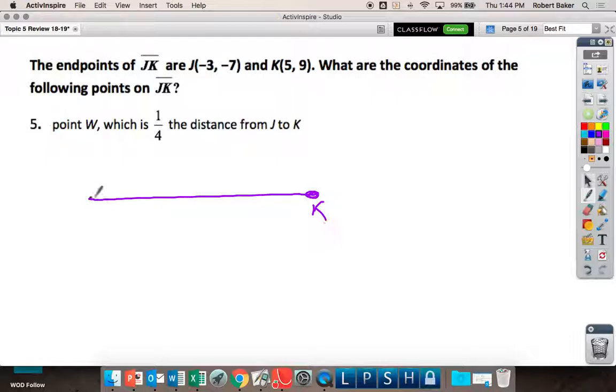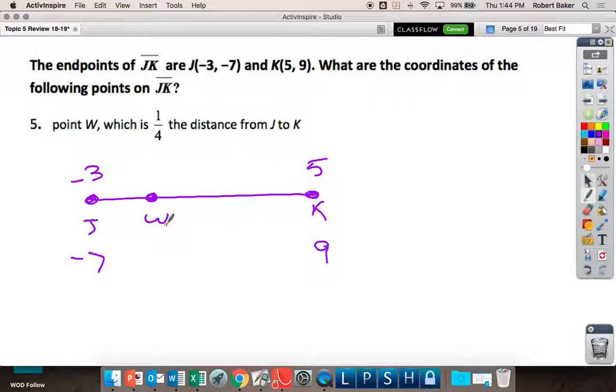Here's K, here's J. It says J is at the point -3, -7, and K is at the point 5, 9. What are the coordinates of point W? So let's put W right here, which is 1/4 of the distance from J to K.